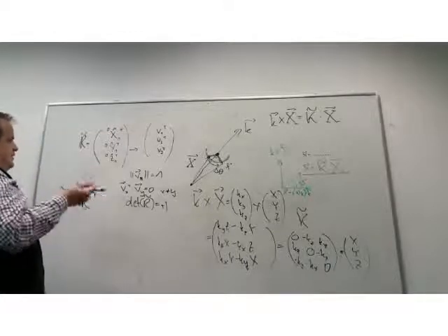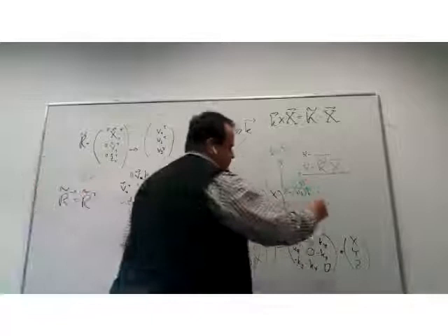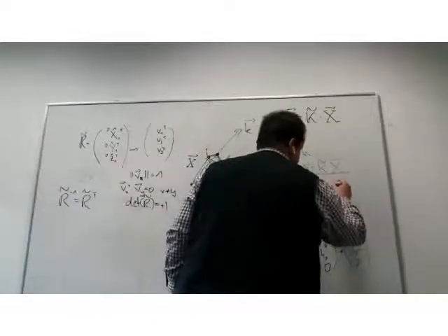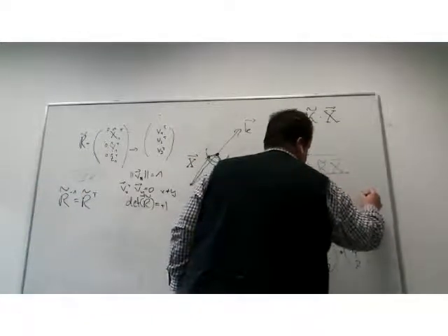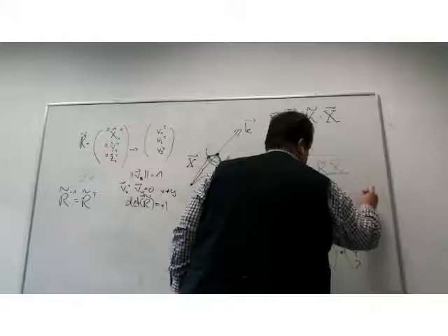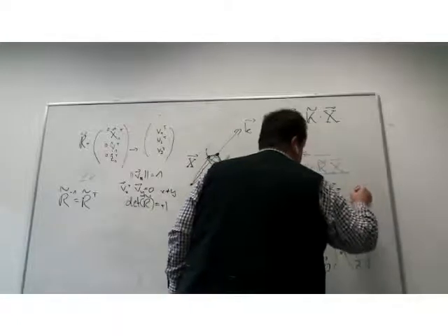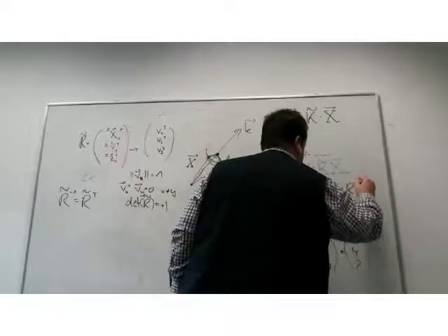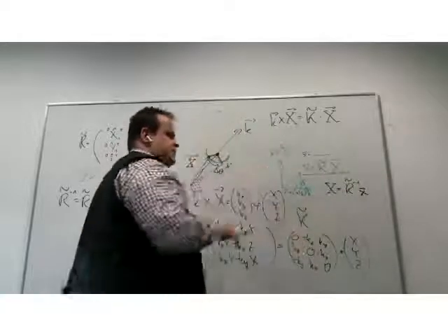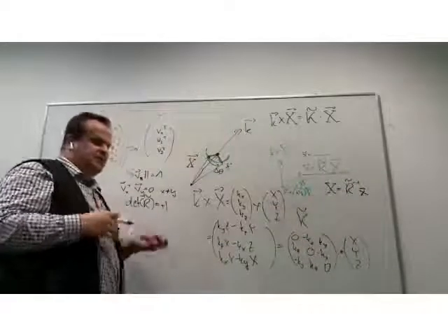So it goes from capital X to small x. If I need small x to capital X, the other way, then I need to use the inverse matrix to do that.